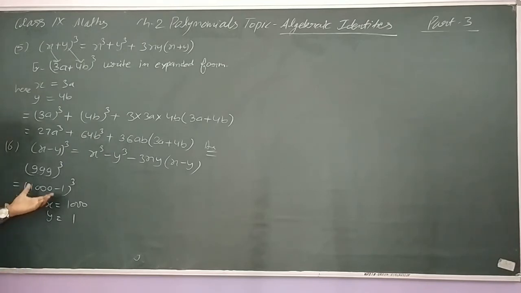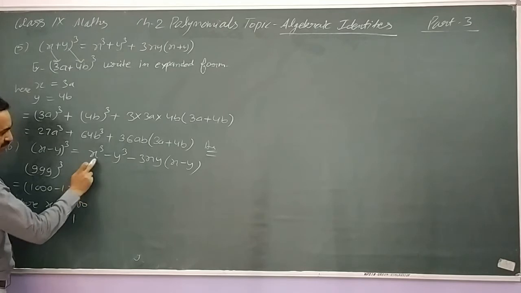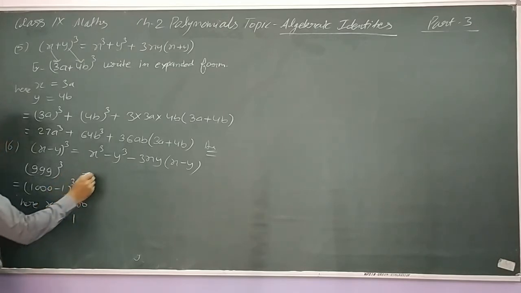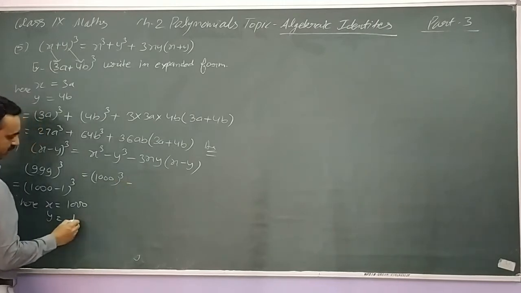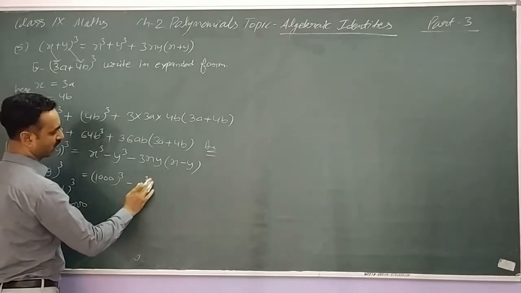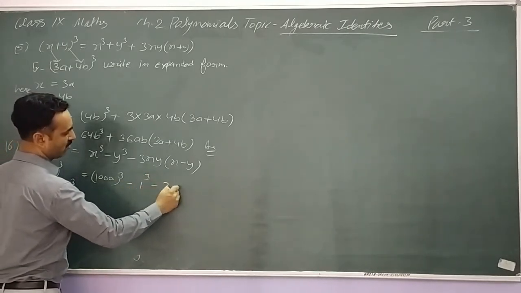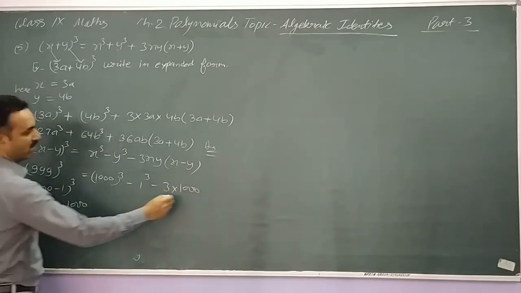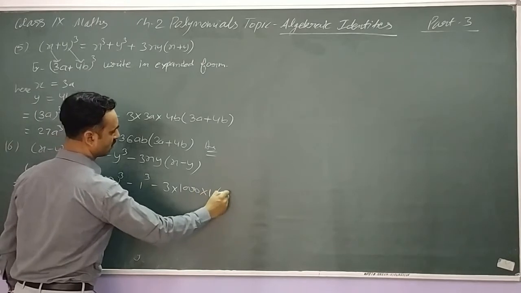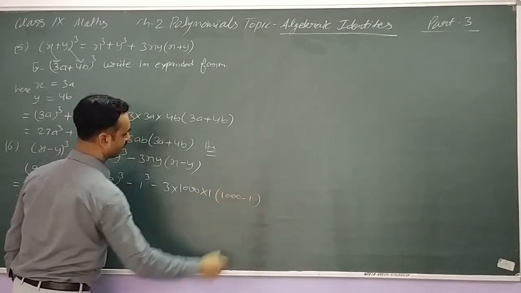So now we will use this identity. Here x³ means 1000³ minus y³, y is 1 cube, minus 3 into x which is 1000, multiplied by y which is 1, bracket (1000 − 1).